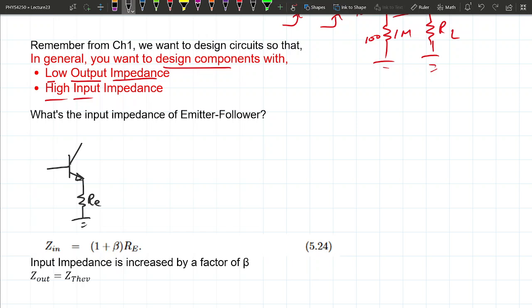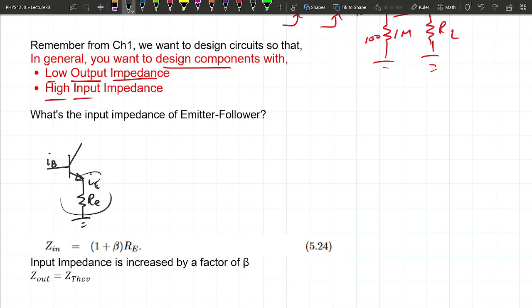So whatever the current through the base is, it is going to be amplified by a factor of 100, or beta, at the emitter. So that means this is basically amplifying this current by a factor of beta also.